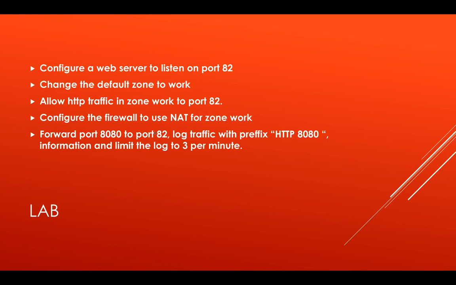I have a quick lab here proposed for you, so you can test your skills and your understanding of this video. So the first thing that I'm asking you to do is to configure a web server to listen on port 82.